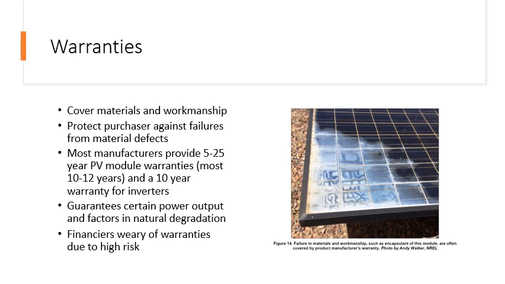And so another thing warranties do is guarantee certain power output, and they also factor in the natural degradation of the panels. So over time it's going to go down, and that's factored into that warranty number for system output. One thing to keep in mind though is financiers are oftentimes wary of warranties due to the high risks that they present.